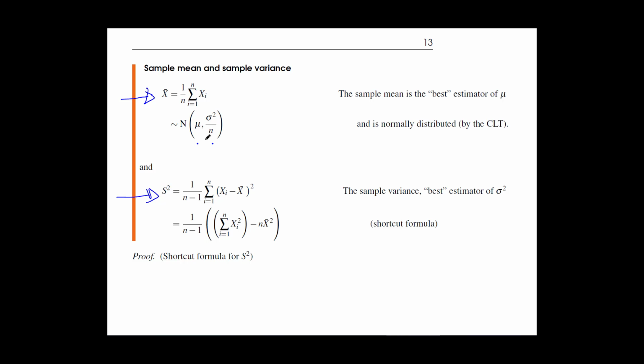Let's show it one more time real quick. The expected value of x bar is mu. Please do it yourselves: you take expected value of both sides, and you're going to get mu. Let me do the variance of x bar. I know we did it, but it's so important that let's do it again. It's the variance of that sum. 1 over n is a constant, so it comes out squared: 1 over n squared.